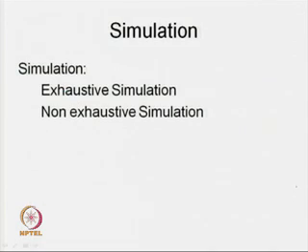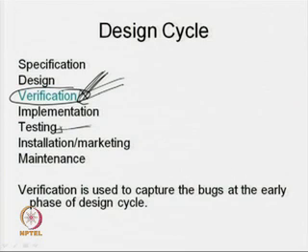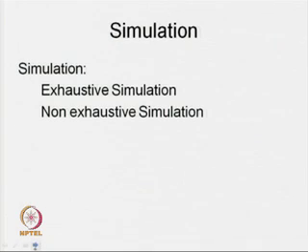Now, we are talking about verification. What are the different ways that we can do it, whether they were there or not in the earlier phase? In most cases we have the notion of simulation. We do the simulation of our entire device and check whether our design is correct or not.